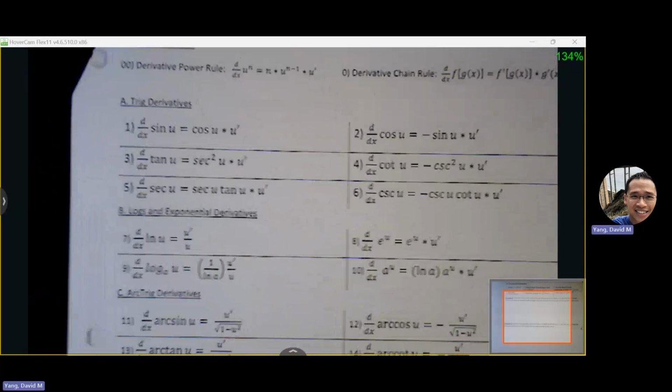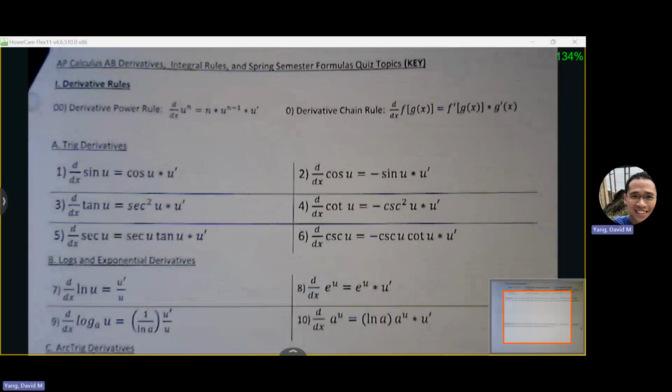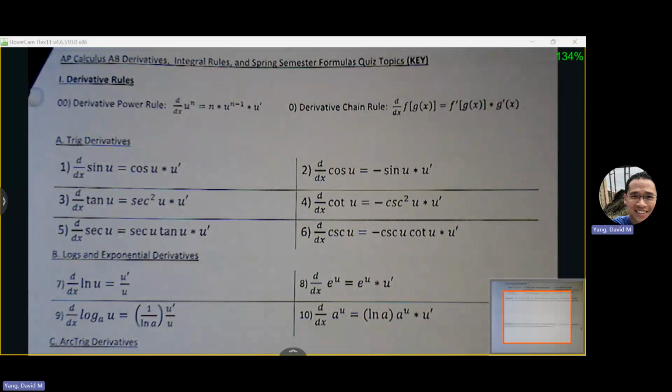Okay, I'm just going to go through the key version here. Just want to talk through each of the rules as you guys begin preparing for your quiz.